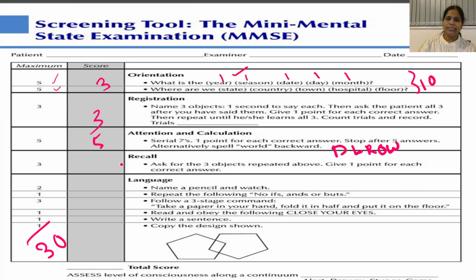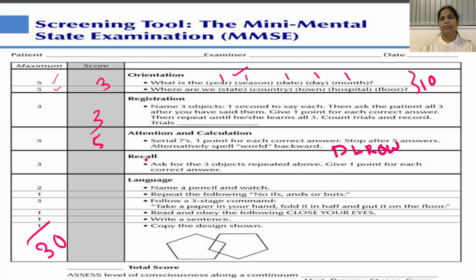Next aspect is recall. Initially during registration, we mentioned 3 objects for them, like paper, pencil, table. The same 3 objects we have to ask them to recall and repeat.